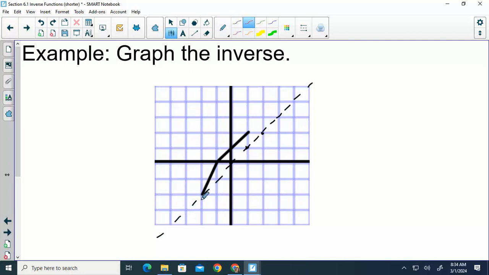And if you take points, this is -2, so it would stay. -1, 0, we'll go to 0, -1. This is like 0, 1, so we'll go to 1, 0. 1, 2, we'll go to 2, 1. So if we reverse all those ordered pairs, we see we have this mirror image.